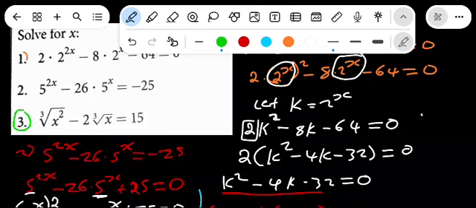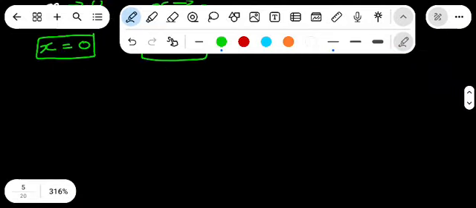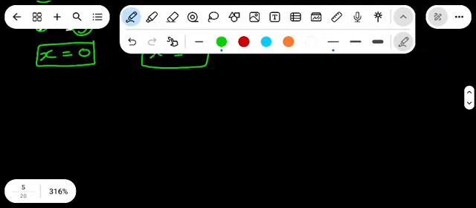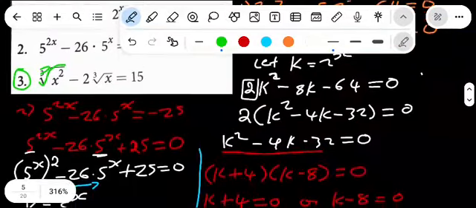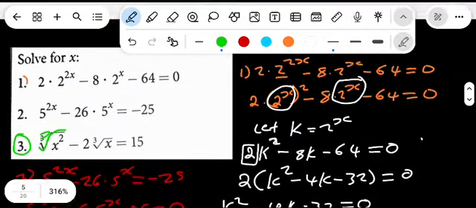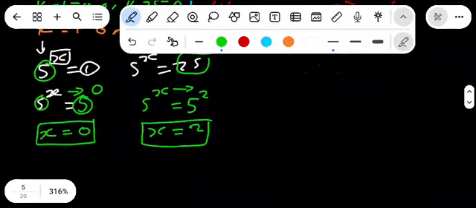Alright, number 3, you are given 3 root x squared minus 2 cube root x, that equals 5. We have to solve for x. Let me just write it here below.